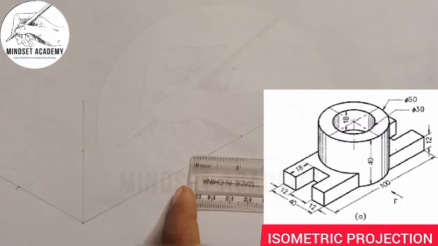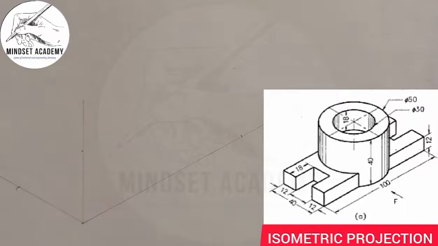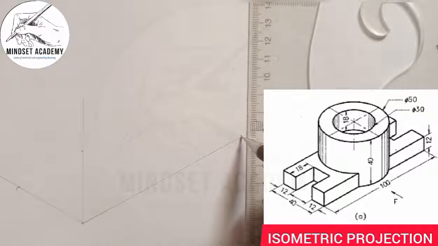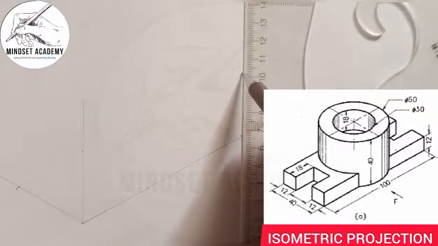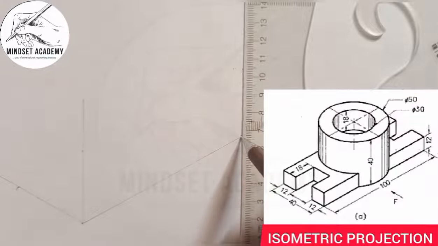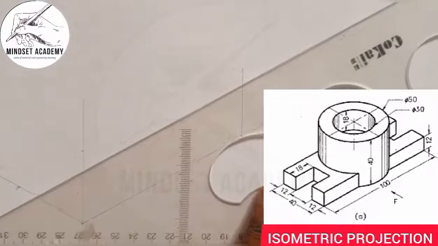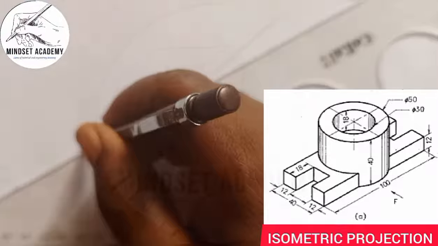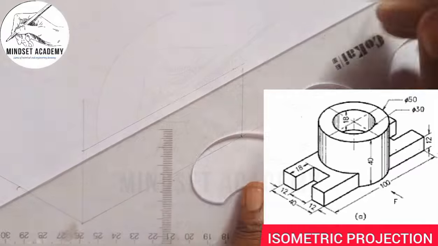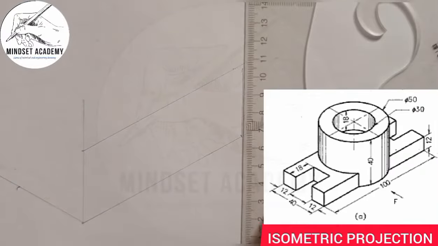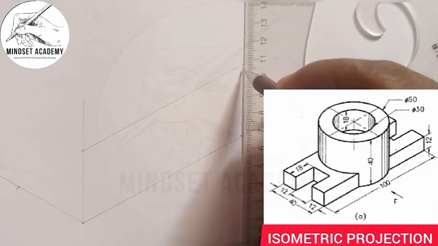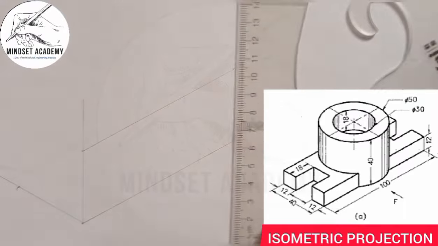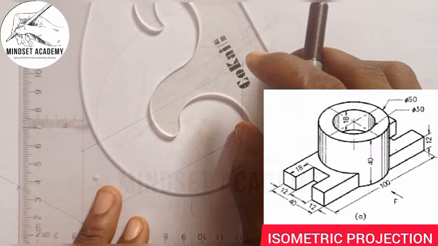Then I'll use it to form a box. So in this box, I'm going to carve out that image. So this will come up and this will come here. Right, get it up a little bit. This also will come up.